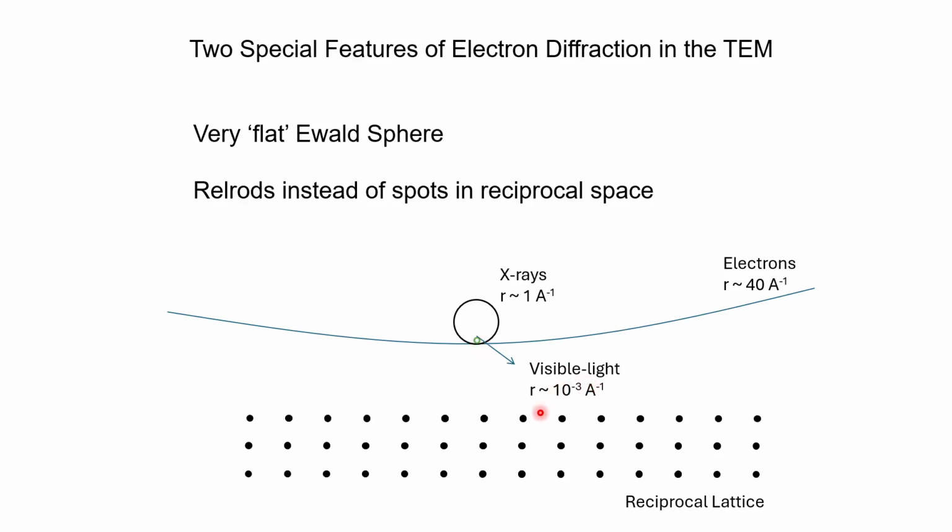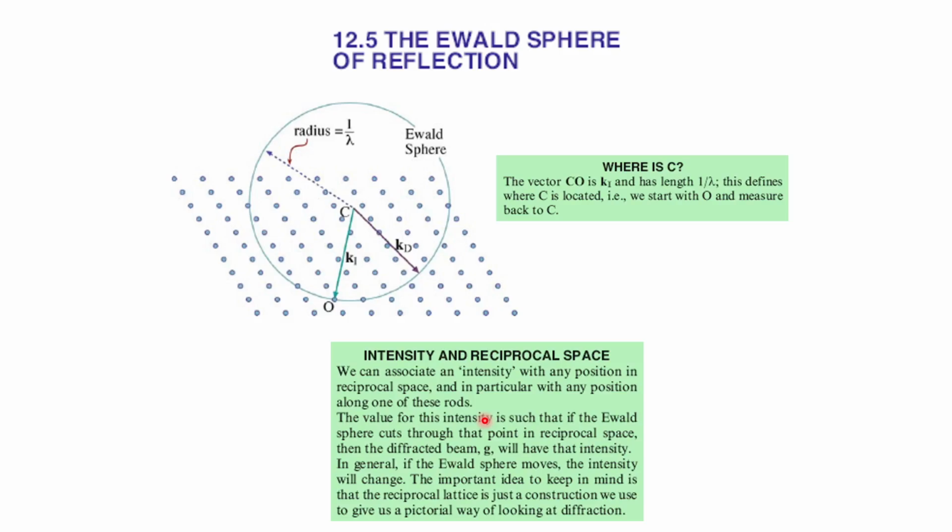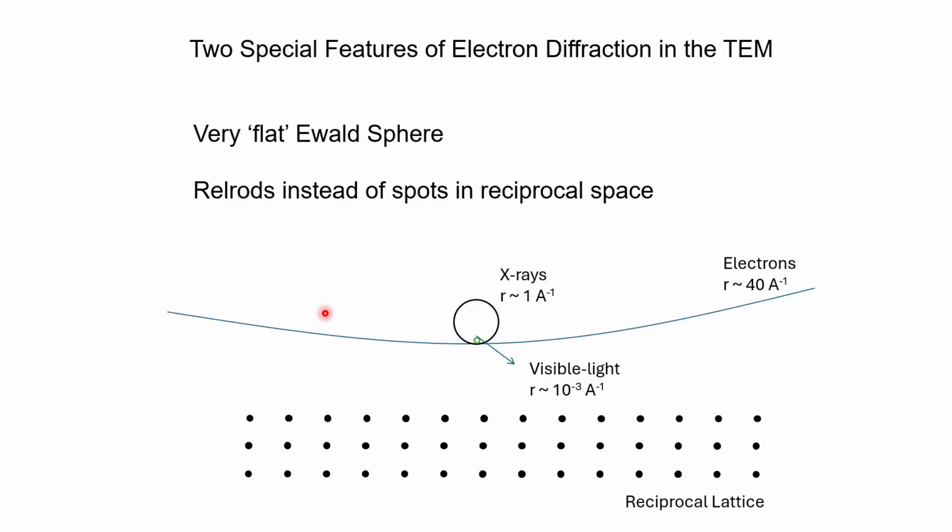So in the visible light you cannot have diffraction, because, like I told you, your point O should be a diffracted spot, or we can say a reciprocal lattice point. If your point O is satisfying the reciprocal lattice point, then there can't be any other point being diffracted.